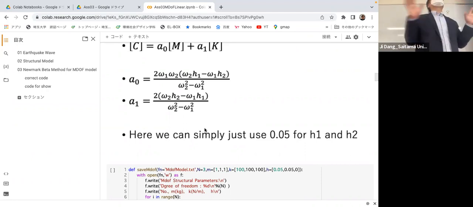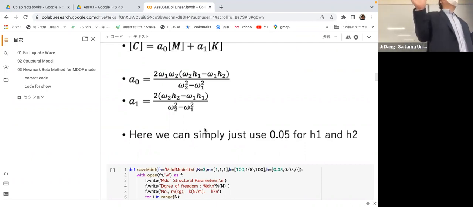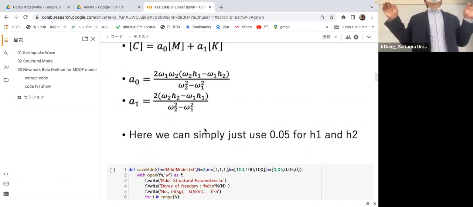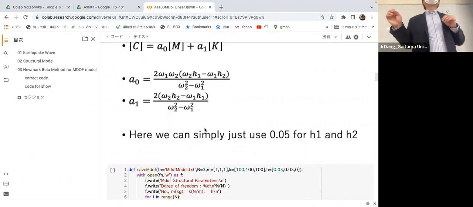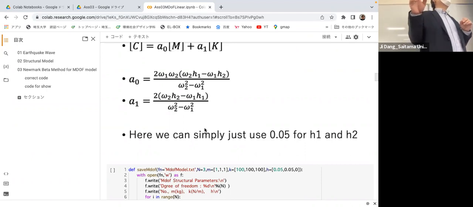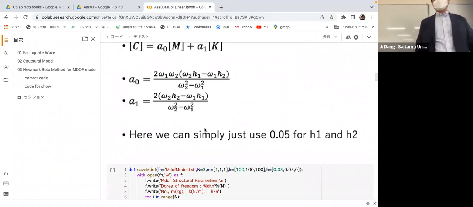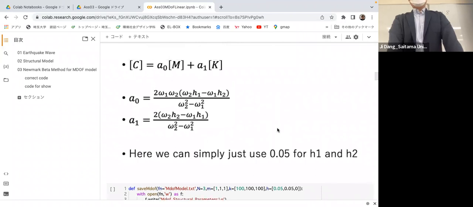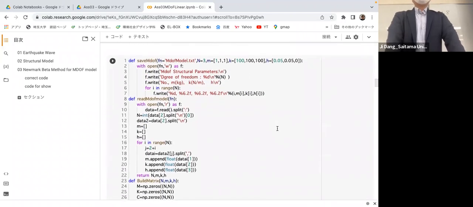But simply here in this lecture, we just take 0.05 for each. For steel structures, it actually becomes 0.02. For some special structures, it becomes 0.05. But in most design spectra, we use 0.05 throughout. So please use 0.05 here. It's a conservative value we can use.